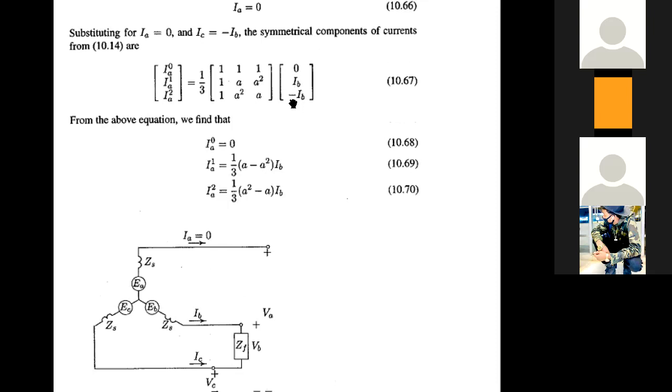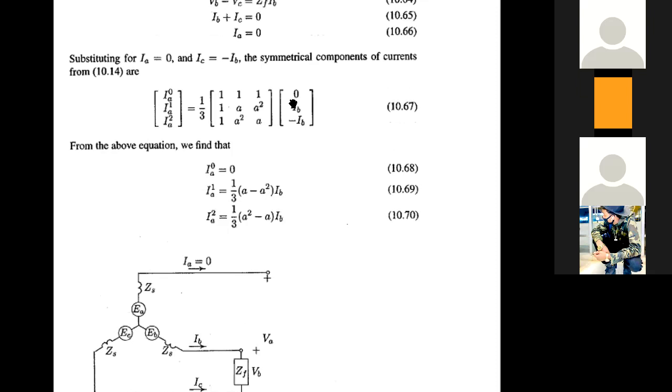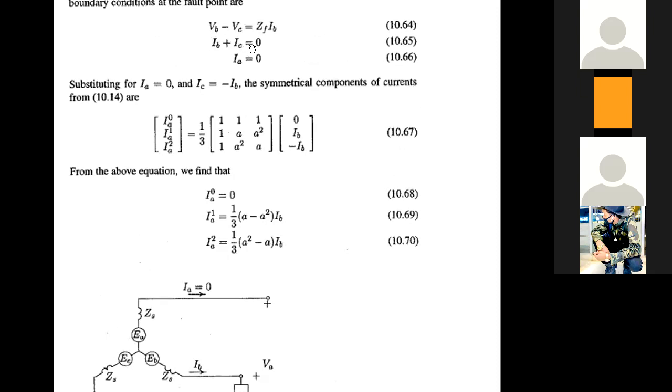How can we place IC? This can be put based on the fault condition. IB plus IC equals 0 due to the double line fault, and in that case IC will be minus IB, right? So these are the scenarios to place the different currents.